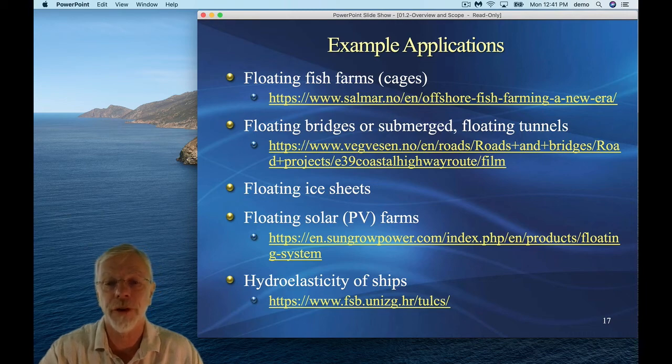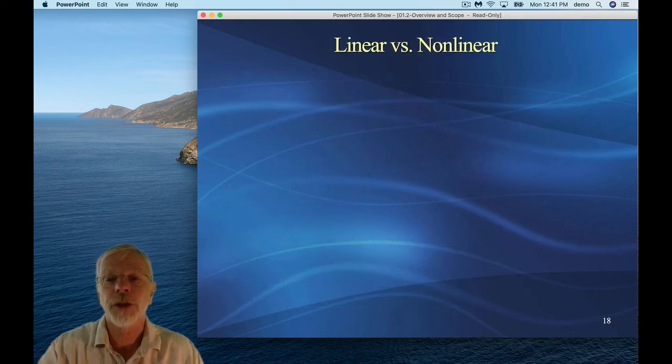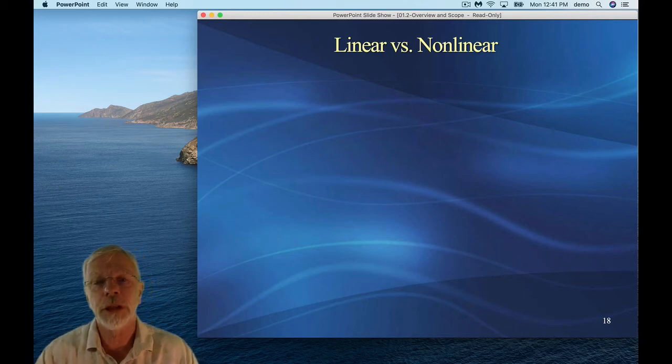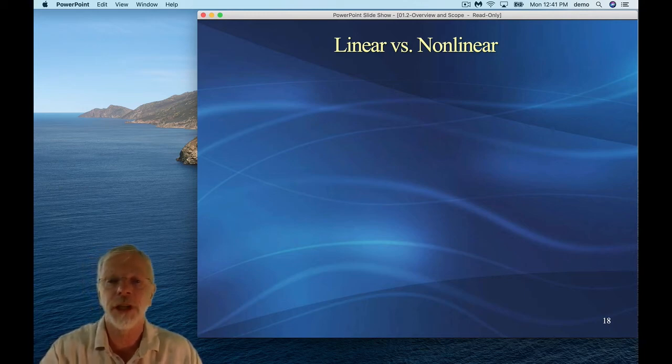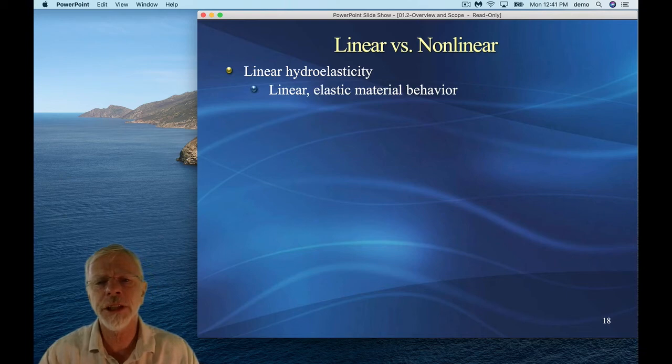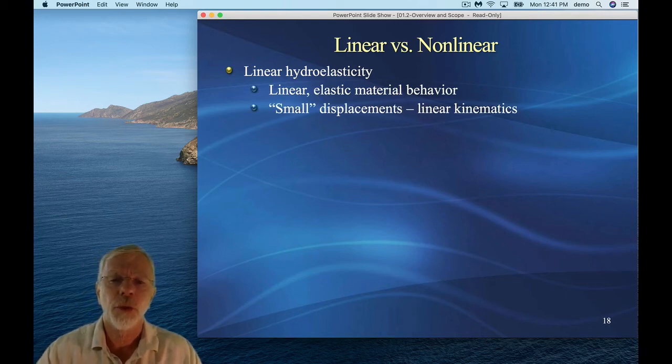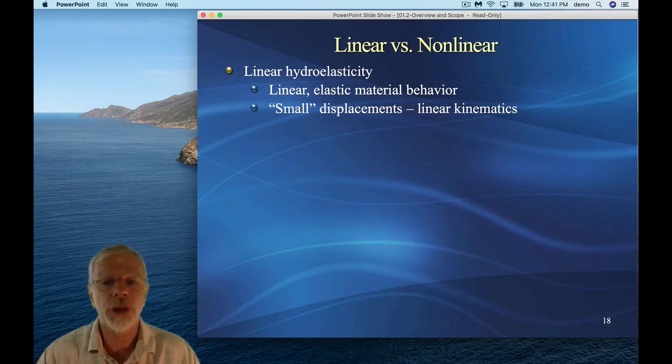So I want to talk a little bit about the distinctions between linear versus nonlinear hydroelasticity. So in linear hydroelasticity, we're limited to linear elastic material behavior. We're limited to quote-unquote small displacements, and that is a code word for linear kinematics.